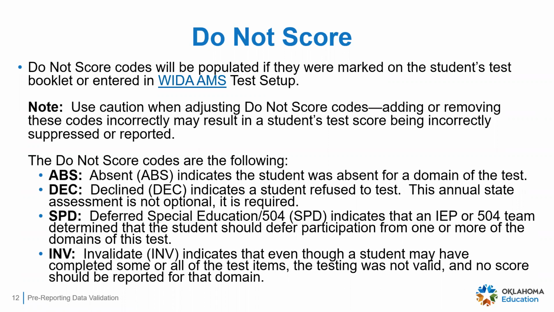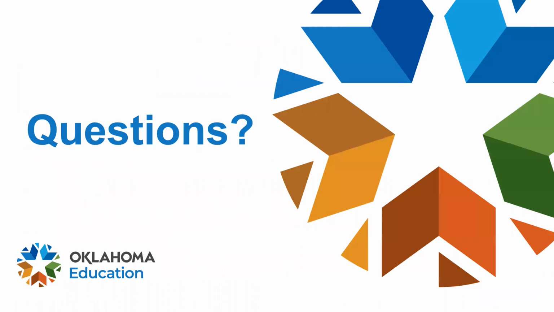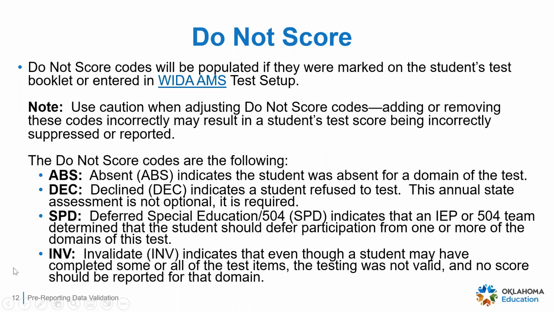The do not score codes are the four that are right here. The first one is absent, which indicates the student was absent for a specific domain of the test. Decline, if the student declined or refused to test, which, the WIDA ACCESS test is not optional. It is required.